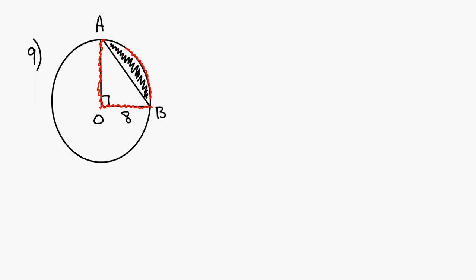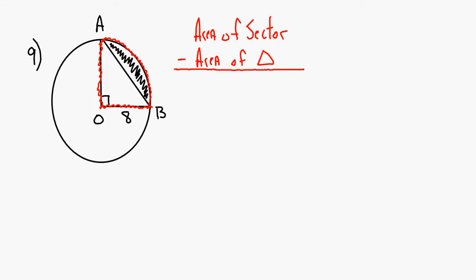The red region, the boundaries there, that's a sector. Well, if you find the area of that whole sector, and then you subtract the area of the triangle, what are you left with? You're left with the area of the shaded.